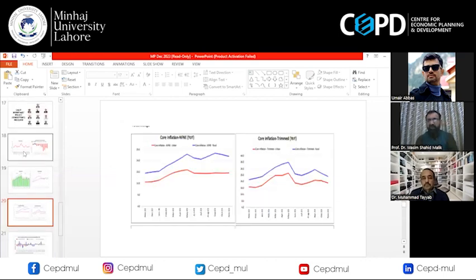Now, if you look at the core inflation rate, it is slightly coming down. If you look at the trend, this blue line, it came down from September to November. But it is still high, though its trend is slightly downward.